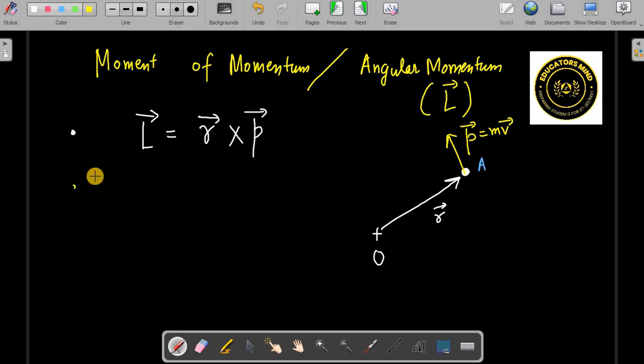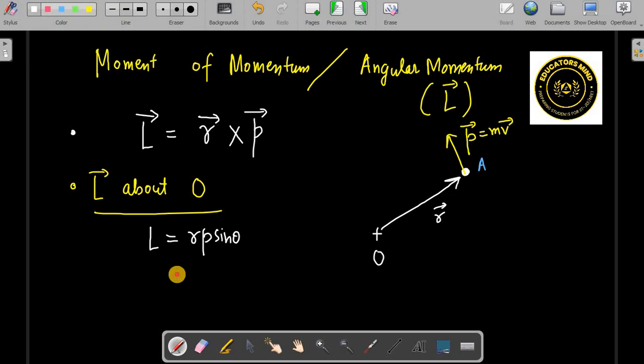So what is angular momentum L vector about that means about a point you are calculating. The body is right now at position A. So this is the definition, R cross P, right? And if you take the magnitude, it will be RP sine theta.